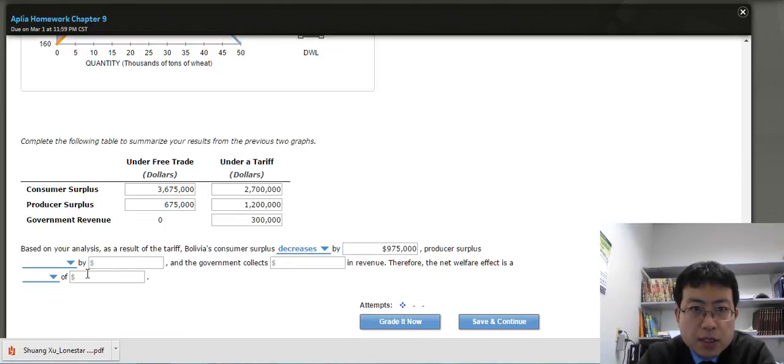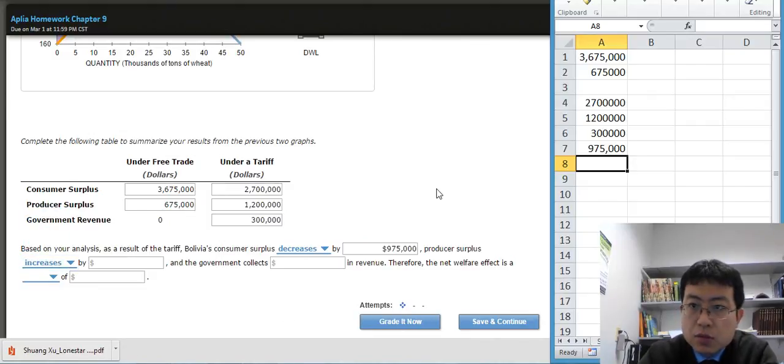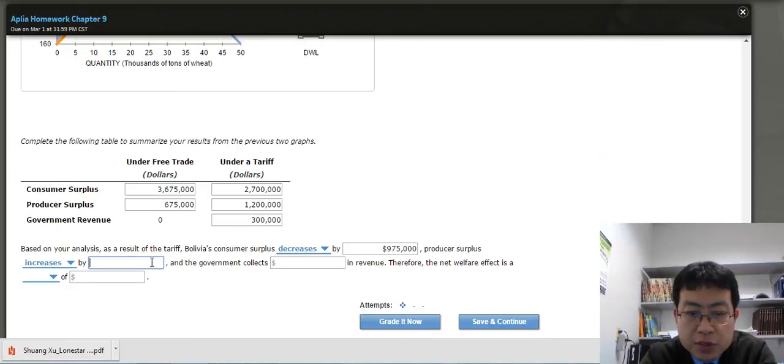And then producer surplus, before the tariff, was 675,000. After the tariff, it becomes 1.2 million. So it increased. Let's see how much: 1.2 million minus 675,000 is 525,000. And then the government revenue collected was $300,000.